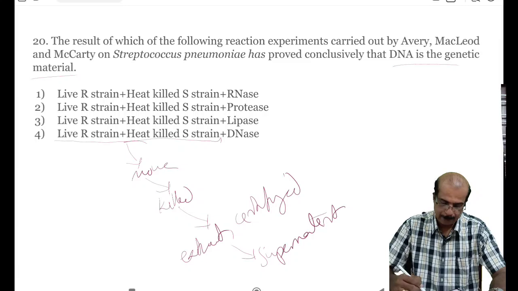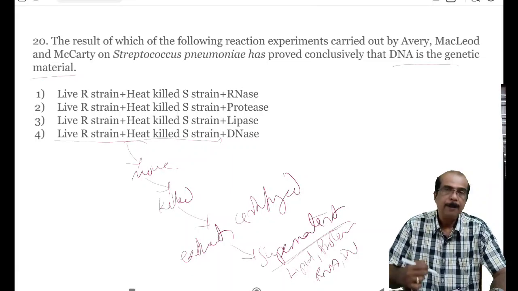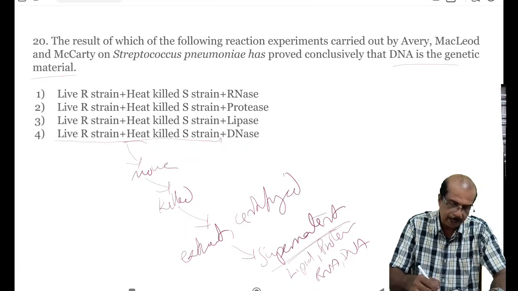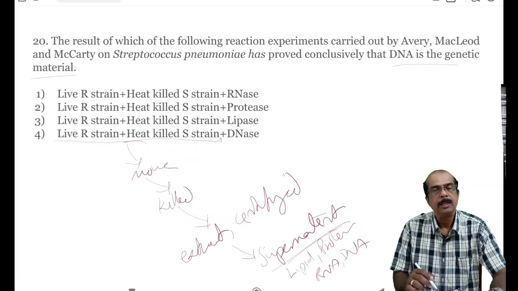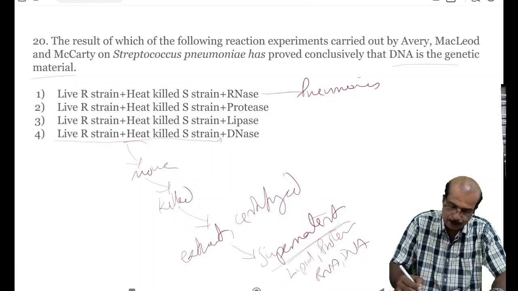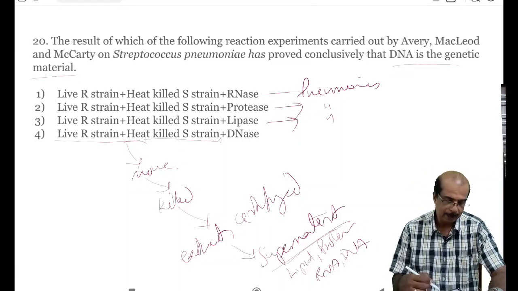Avery, MacLeod and McCarty treated the supernatant, which contained lipid, proteins, RNA and DNA, with their degrading enzymes respectively. When RNase is added, the RNA is degraded, and there also pneumonia was caused. When protease is added to this supernatant, there also pneumonia. When lipase is added, there also the mouse was afflicted with pneumonia and killed.